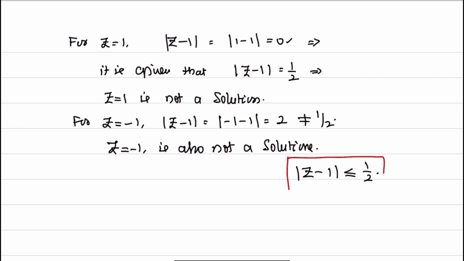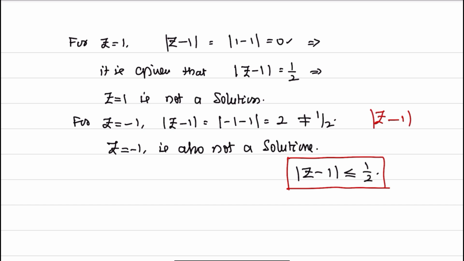It is strictly given that modulus of Z minus 1 is equal to half. That means we should find a point such that modulus of Z minus 1 is equal to half. Hence, it is also not a solution.